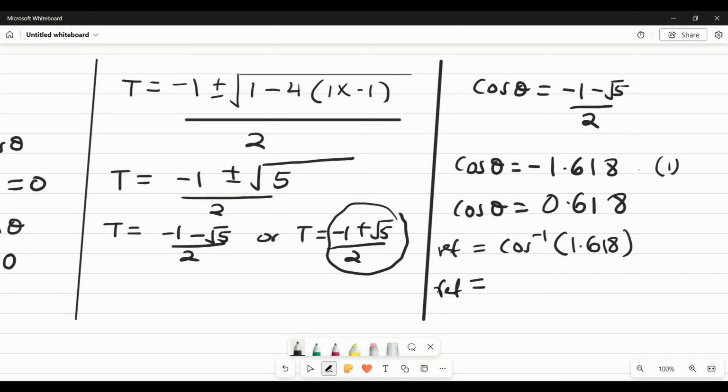This calculator has poor configuration, so let me use the normal calculator. This one does not exist, because the maximum value of cosine is 1. So that one cannot exist.